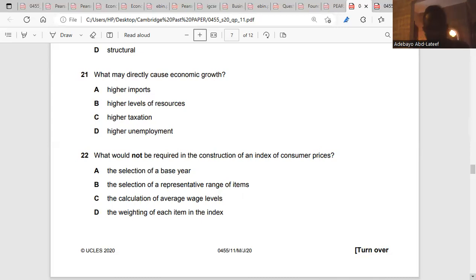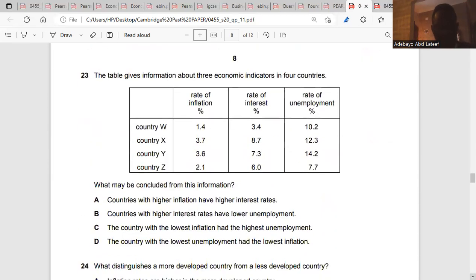Okay, 23. The table gives information about the economic indicators in 4 countries. What may be concluded from this information? Let's go to the interest rate and the inflation rate. Countries with a high inflation rate, like country X and country Y, have a high rate of interest.